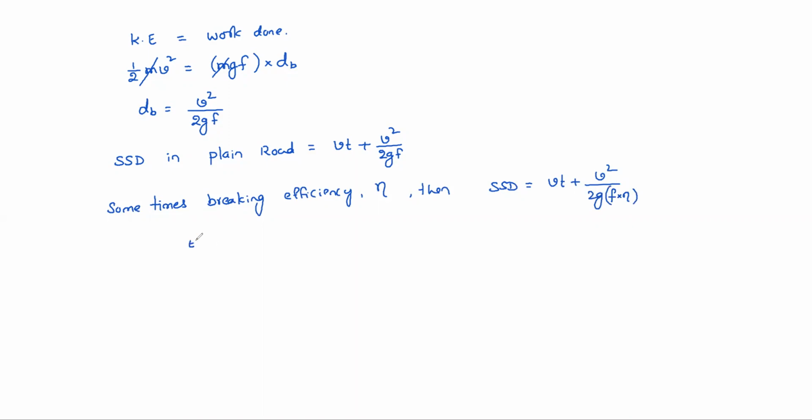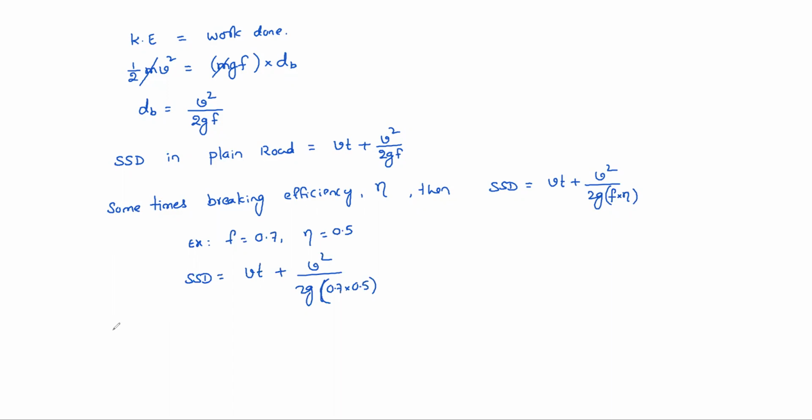Example: f equals 0.7, suppose, 70% friction. Suppose eta equals 50%. Then SSD equals Vt plus V square by 2g times 0.7 into 0.5. So sometimes braking efficiency is given, and it needs to be multiplied to f.